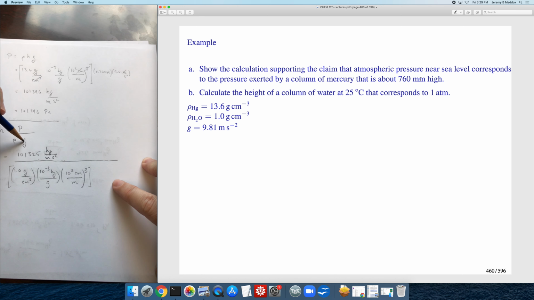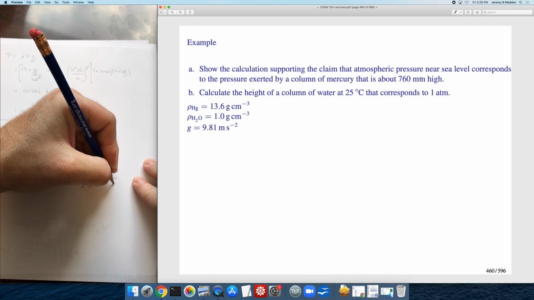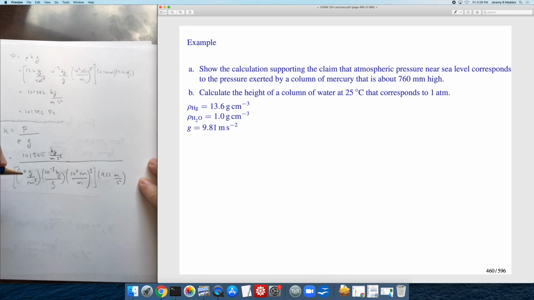And then lastly, I need to multiply by the gravitational constant, like that. And so we will run these numbers through our calculator.